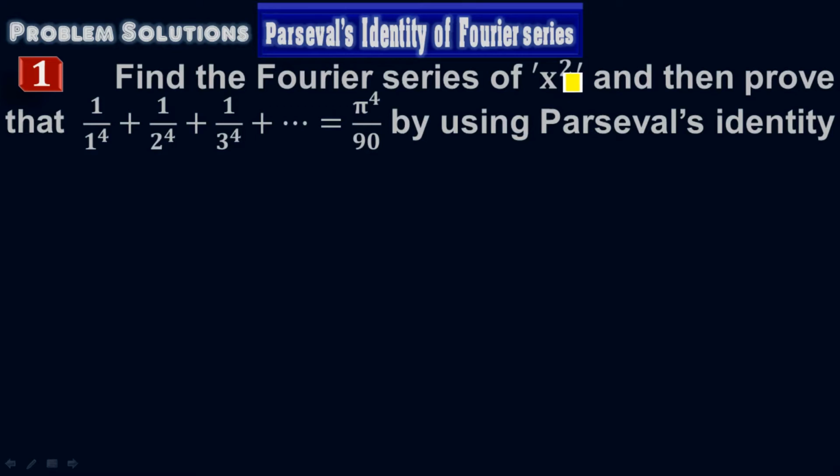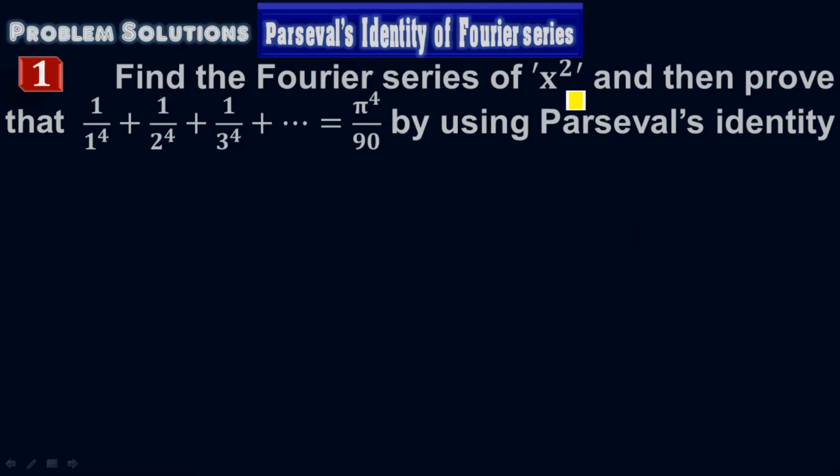So before we go for the Fourier series, we want to check whether the function is even or odd. Look, x squared is an even function. What was the process to check even and odd function? We multiply the x variable by negative. So negative x squared will be positive x squared. Therefore, it is an even function.